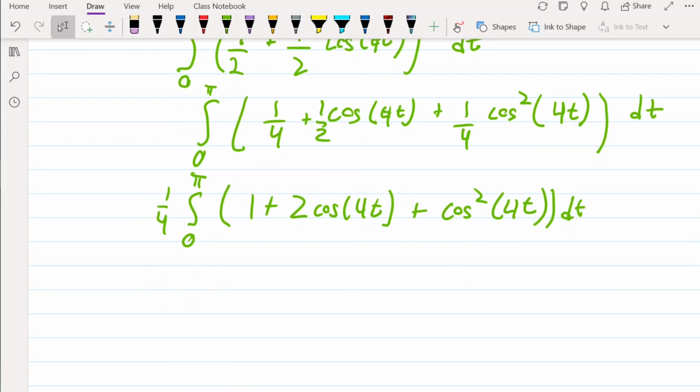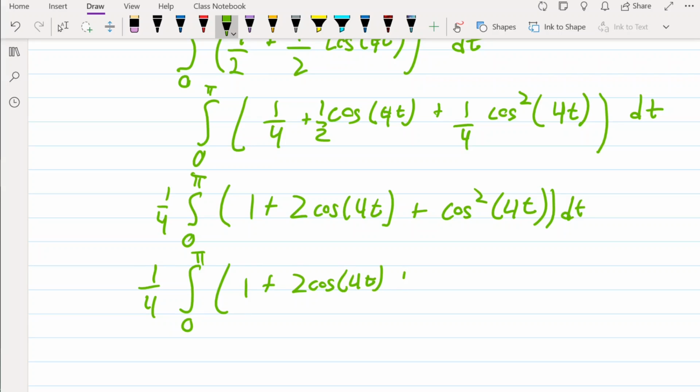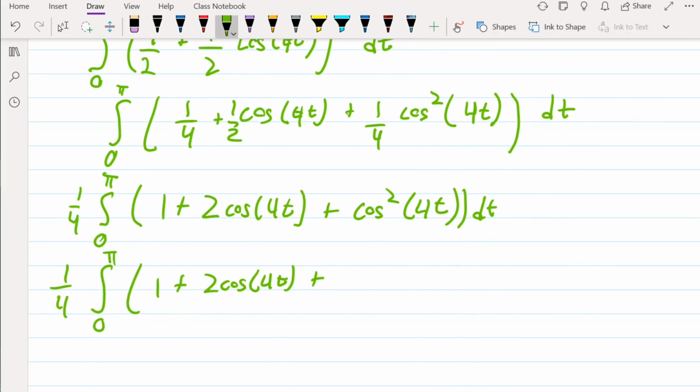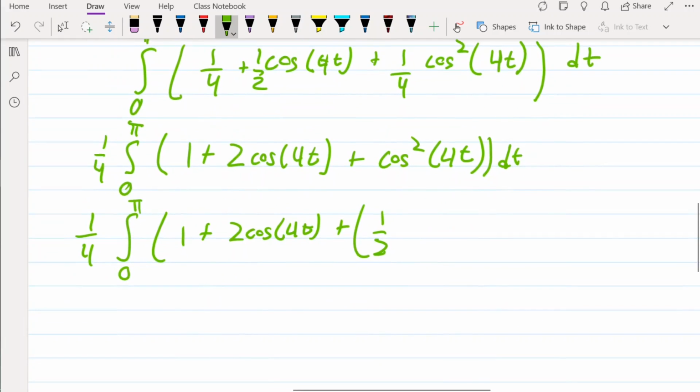Okay, and then finally this has to be expanded. So split the integral between 1 plus 2 cosine 4t dt, and don't forget your dt over there. And then plus, let's see, 1/2 times 1 plus cosine 8t. Okay, so that's that one.